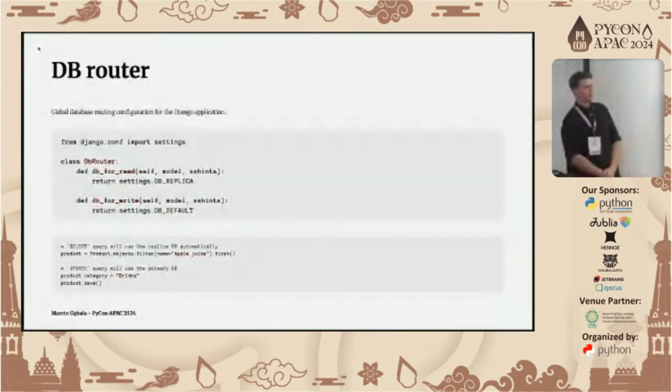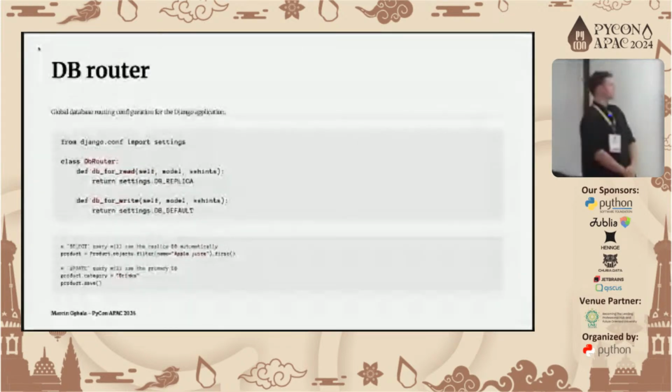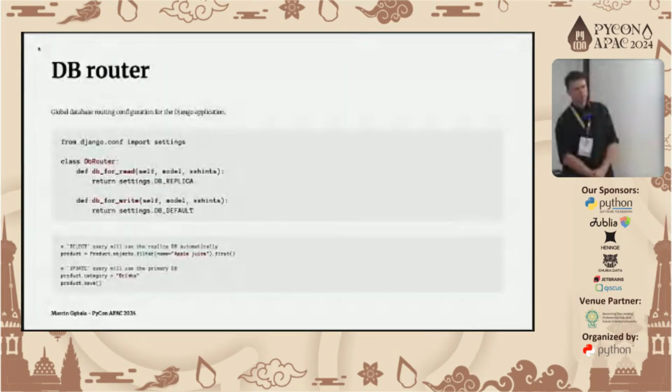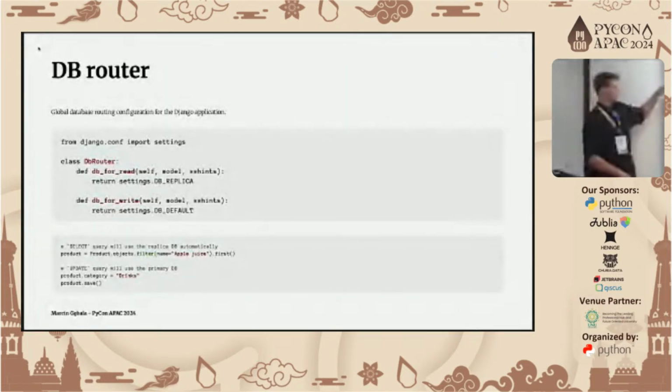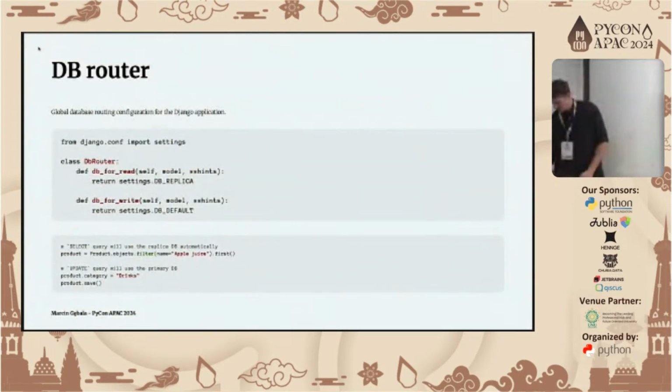In the other case, when you are saving data, so I'm changing the category of the product and saving it with the Django ORM, this will actually run an update SQL command in my database, and Django, when executing this, would pick this database connection. So that could be the entire configuration, and all your reads would go through the replica. But it's not always the case.